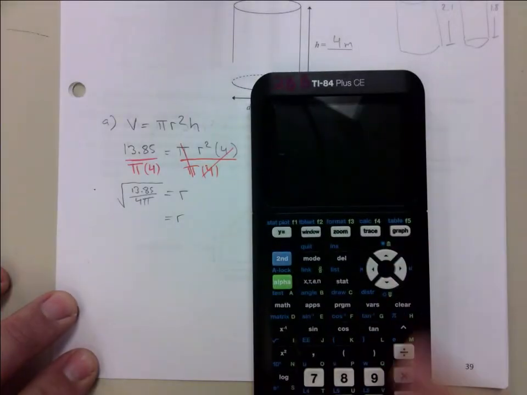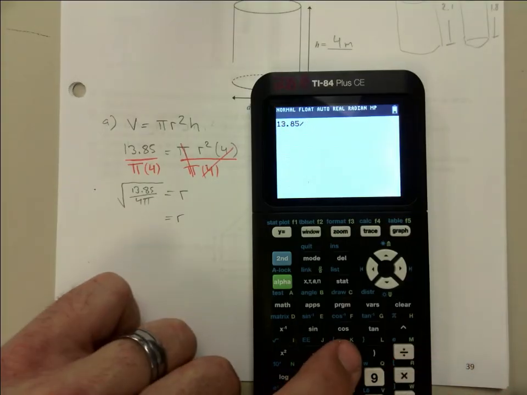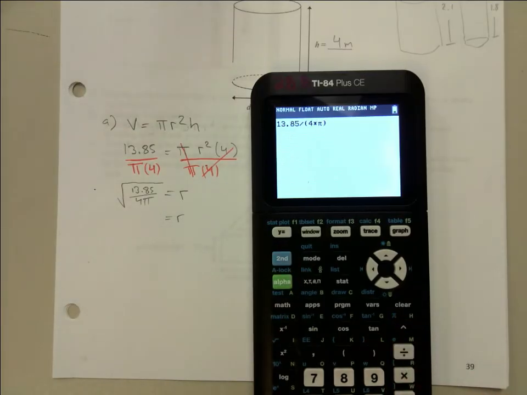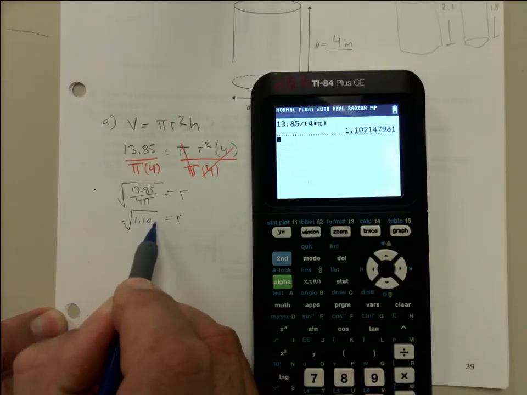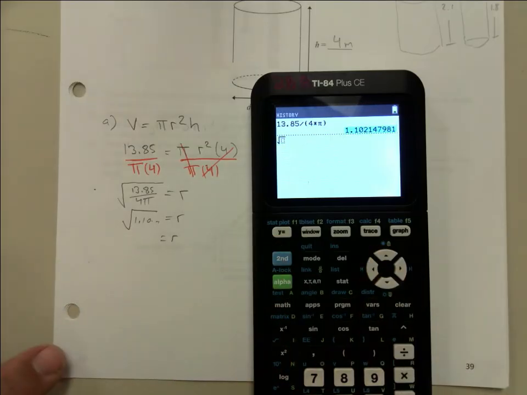Let's figure that out. So what I do is I go 13.85 divided by, make sure you put that in brackets. Okay, if there's something multiplying in the denominator or some sort of operation happening there, you want to put it in brackets. So that'd be square root of 1.10 something. Let's take the square root of that.